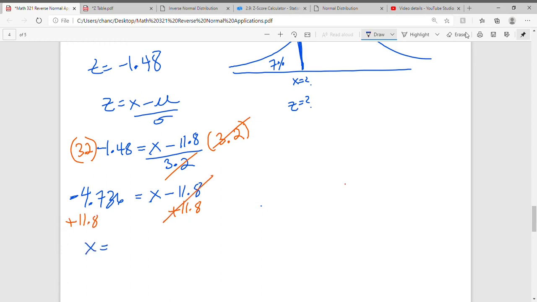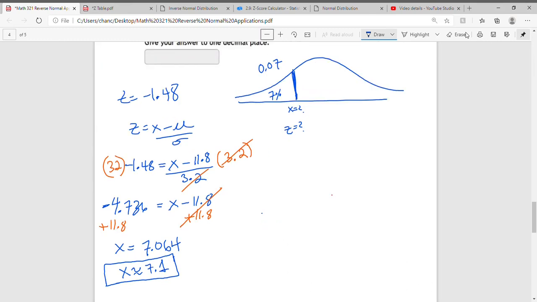X equals 7.064, which we're going to round to 7.1. So we know the lifespan less than 7.1 years makes up 7% of the population.